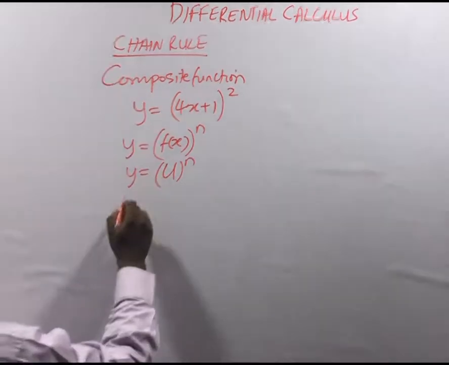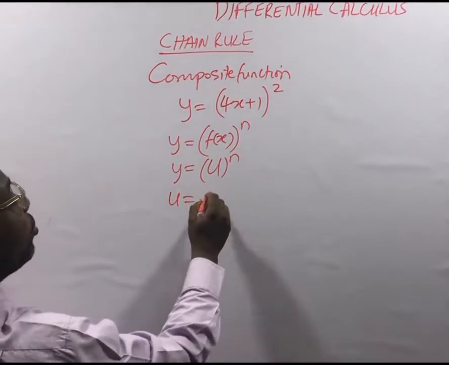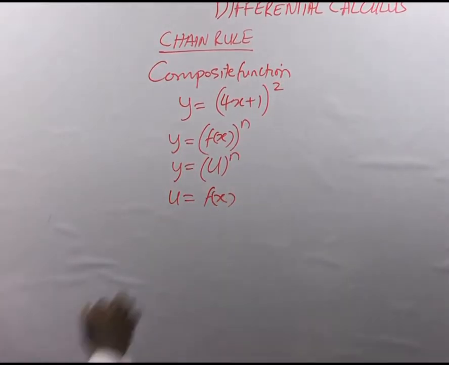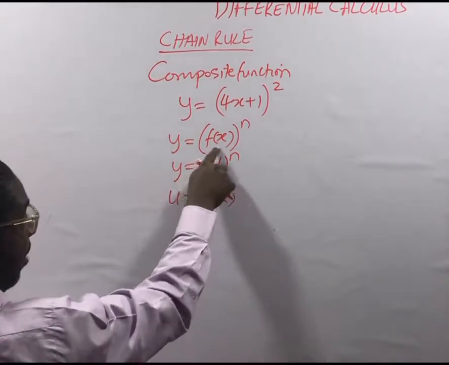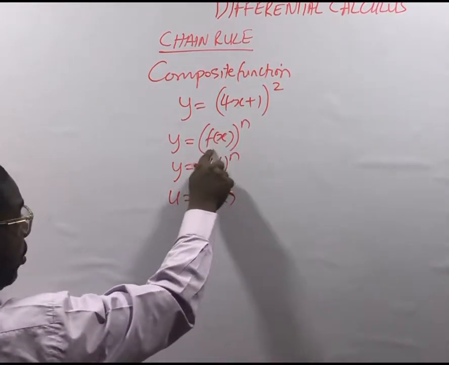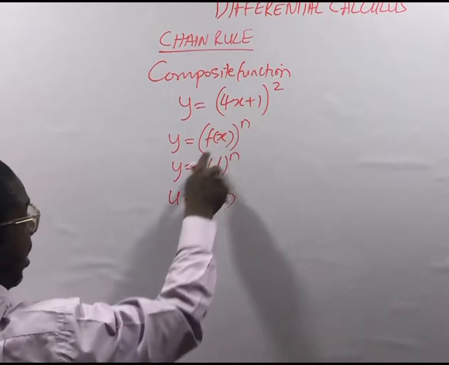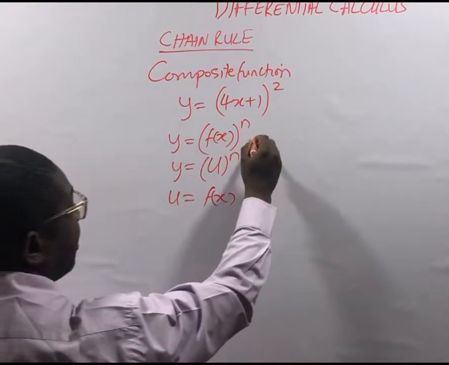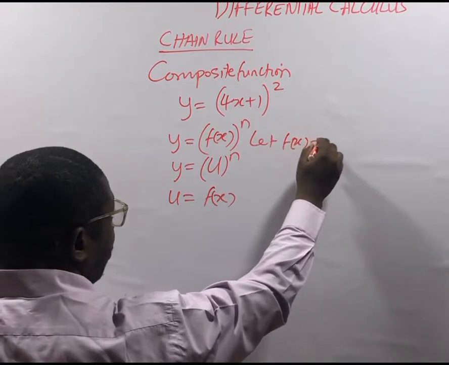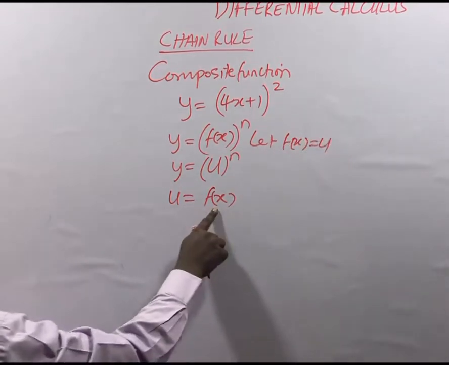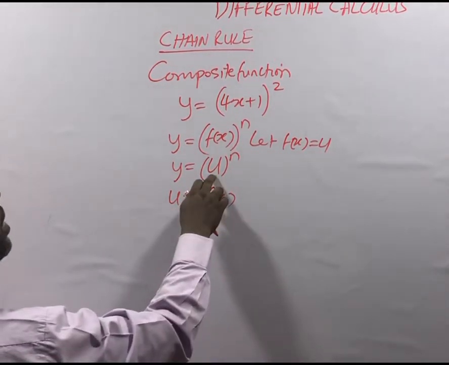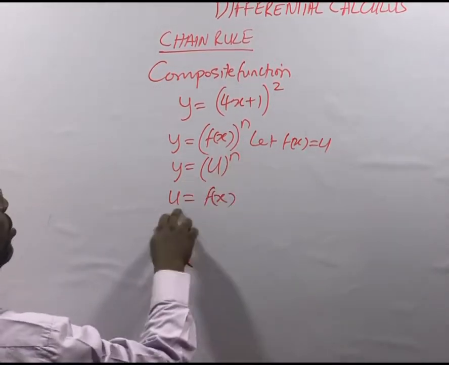Then, knowing that u is also f of x, so y, well, we have the function in here, raised to power n. And then we are representing, let's say, let f of x be u. And that's what we have done here. So u is now in here, represented by this, and u is this.